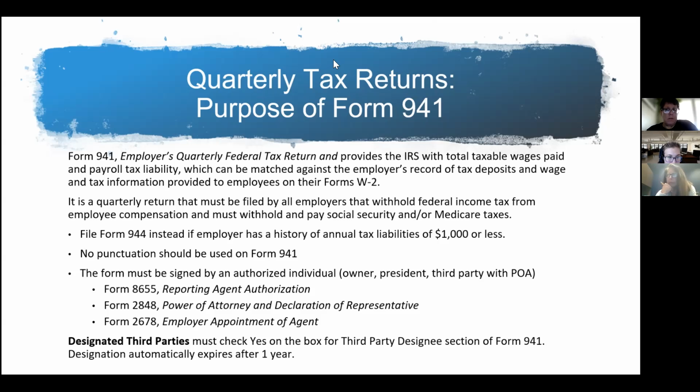It is a quarterly return that must be filed by all employers that withhold federal taxes. If you have an annual tax liability of $1,000 or less, you file a 944 instead of a 941.